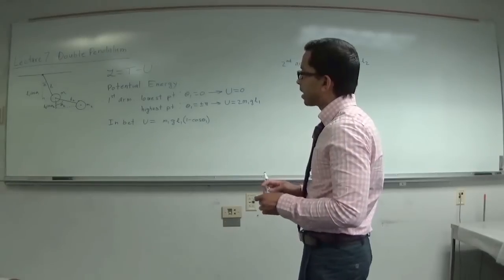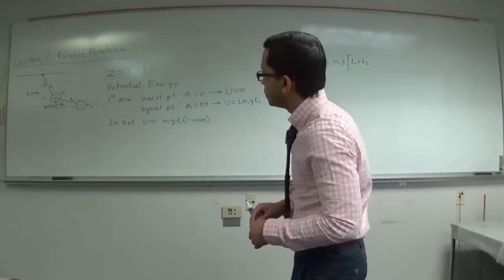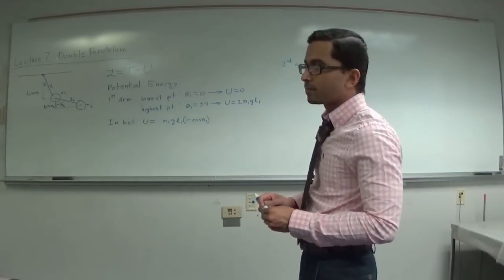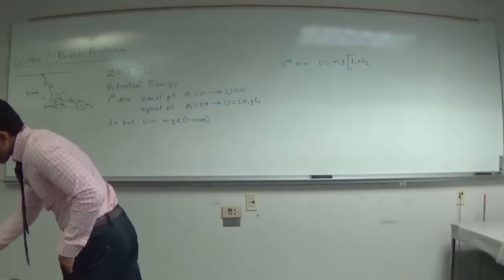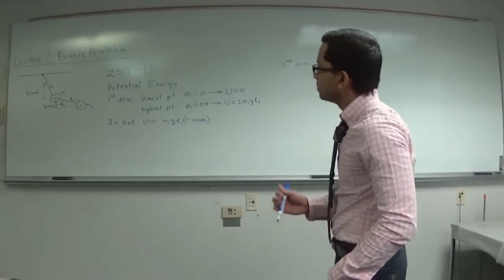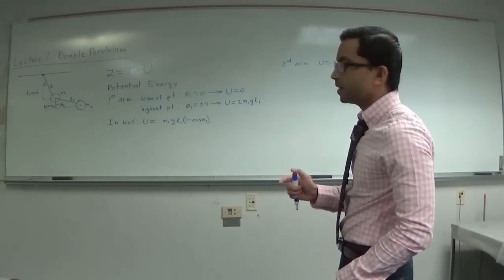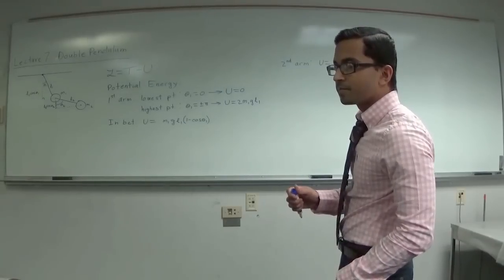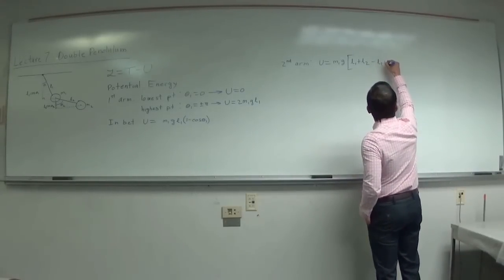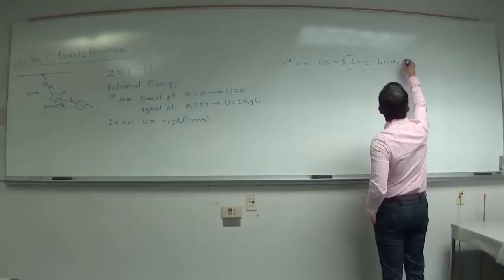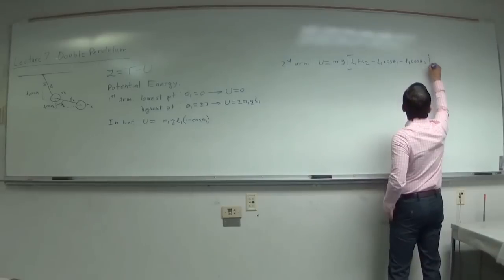So it's going to be L1 plus L2 minus L1 cosine theta 1, minus L2 cosine theta 2. So that's it, right?